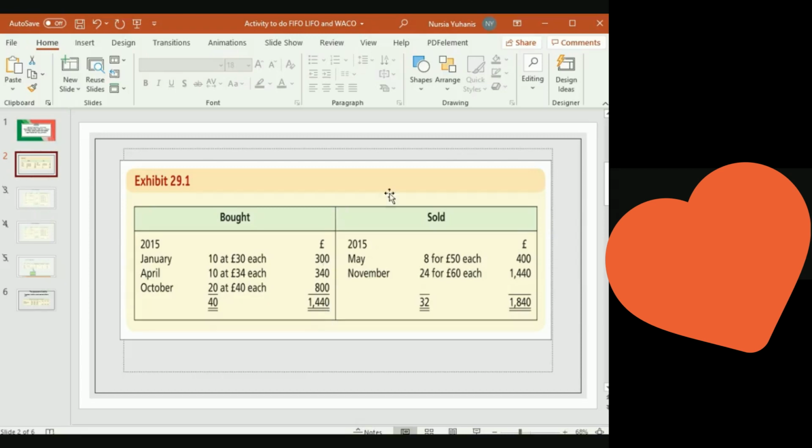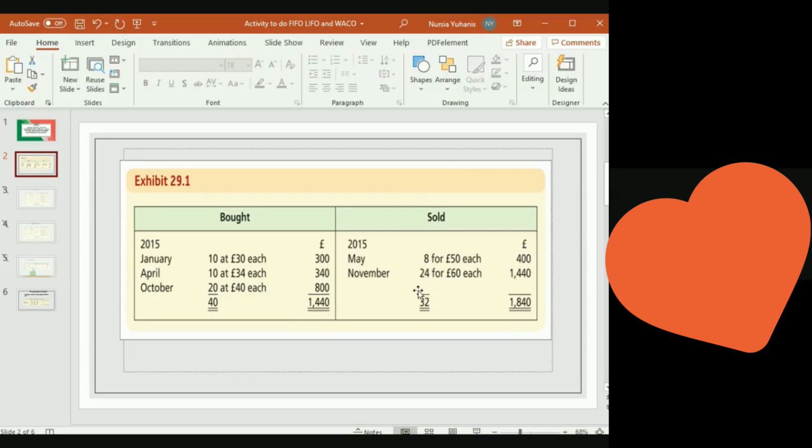And then let's look at the sold table. You only sell 2 times, one during May and another during November. In May, you managed to sell 8 items for $50 each, so your sales in May is 400.